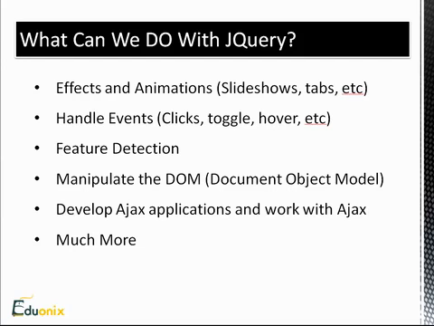And as I said, jQuery is used to manipulate the document object model. We can use jQuery along with Ajax and build Ajax applications, and there's just a ton of other stuff that you can do with jQuery.